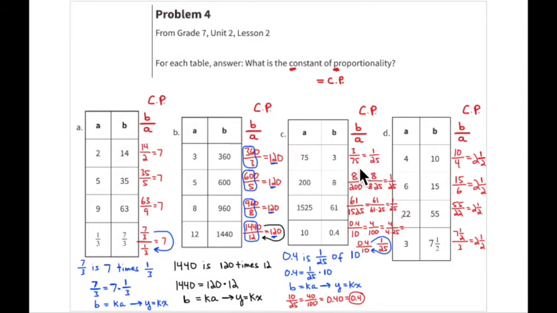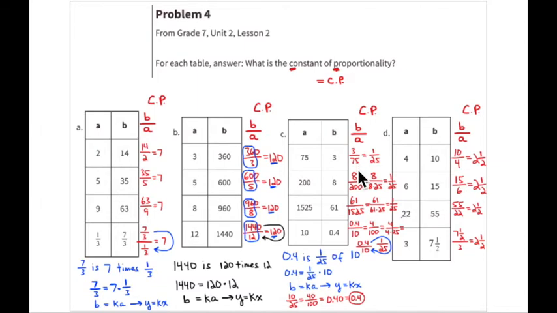So 3 divided by 75, 8 divided by 200, 61 divided by 1,525, and 4/10 divided by 10. Each of those, if you simplify them, are all equal to 1/25. I played around with this a little bit. If you divide each of these by 25, that's the same as multiplying by 1/25.